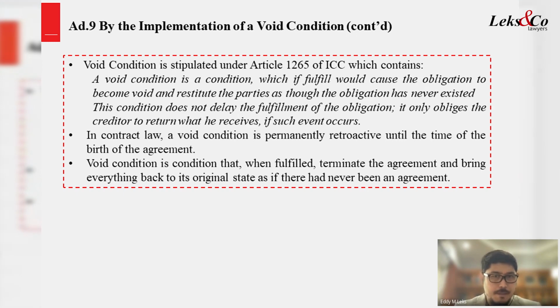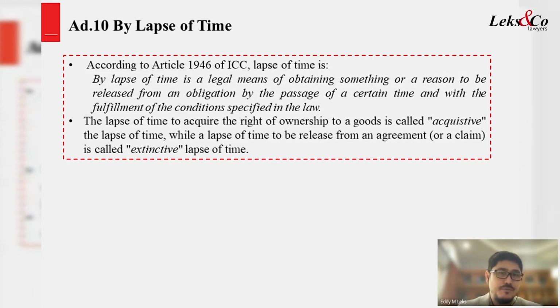All right, the last point, by lapse of time. If you look at 1381 again, perikatan-perikatan hapus karena berlaku suatu syarat batal yang diatur dalam bab ke-1 buku ini. So that is the 1265, 1266 that we talk about. That's the first book.